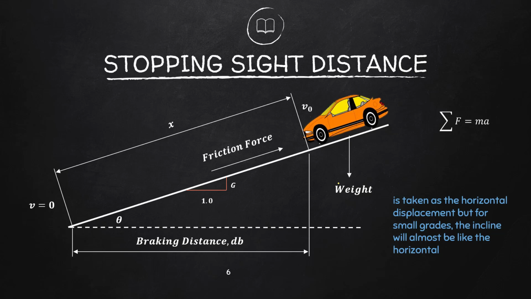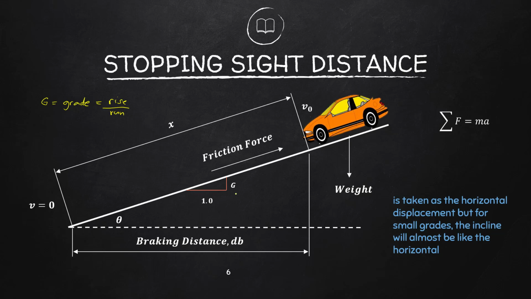So for braking distance, we take note of the inclination. We have here the grade, which is the rise over run. So when we say G, that is the grade of the road level, and that is equal to the rise over run.